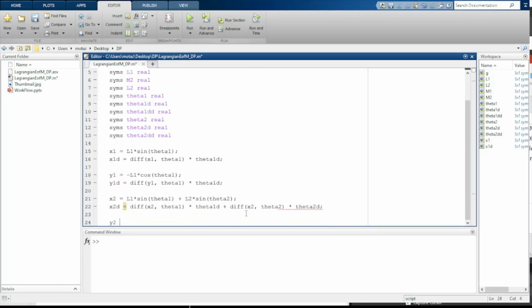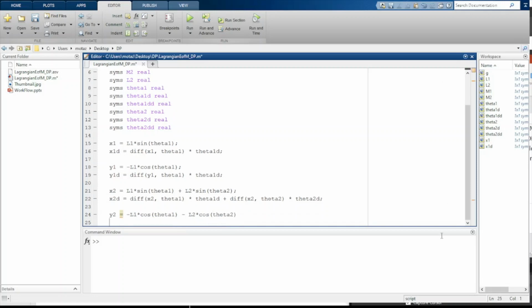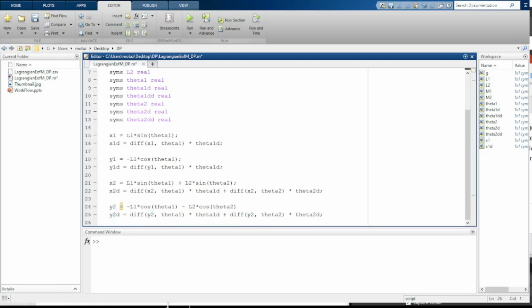And y2 is the same as before: negative L1 times cos theta 1 minus L2 times cos theta 2. We can copy paste this line and just change from x to y. So that's y2 dot and x2 dot.